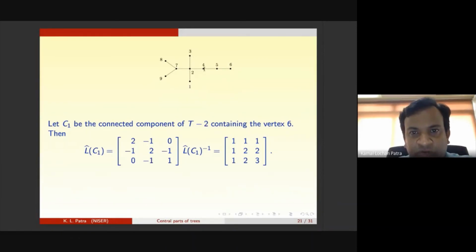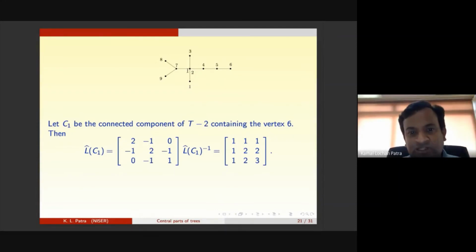The first entry is the number of edges common from 4 to 2. The next is the number of edges common from 4 to 2 and 5 to 2. The third one is the number of edges common between 4 to 2 and 6 to 2.